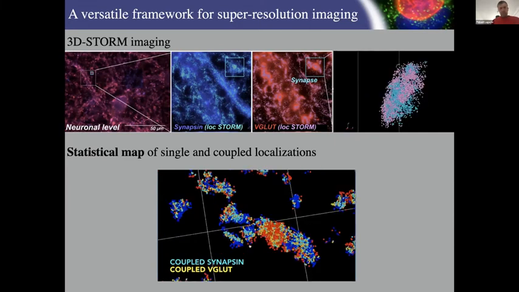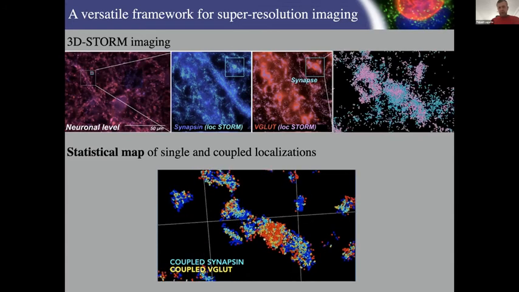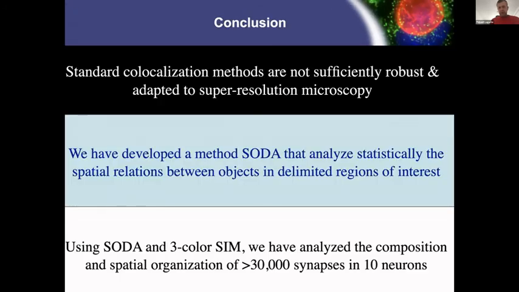Okay, I'm already at the conclusion. So as I showed you, there are a lot of standard tools, but most standard tools are not really efficient for increased resolution and also for localization-based microscopy. And more than that, it's really hard to give an interpretation of your results. What is the probability that what I am observing is due to chance?